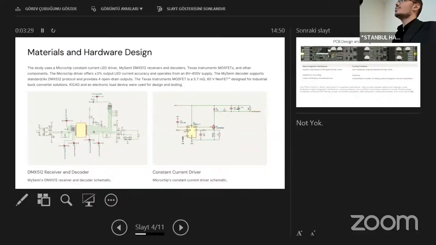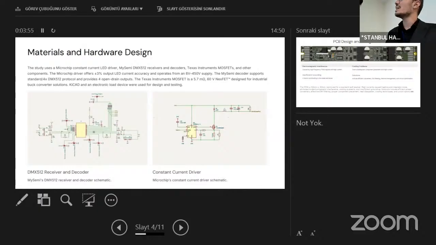Hardware design. This study uses a Microchip constant current LED driver, MySemi DMX 512 receivers and decoders, Texas Instruments MOSFET, and other components. The Microchip driver offers plus or minus 3% output LED current accuracy and operates from an 8 volt to 412 volt supply.